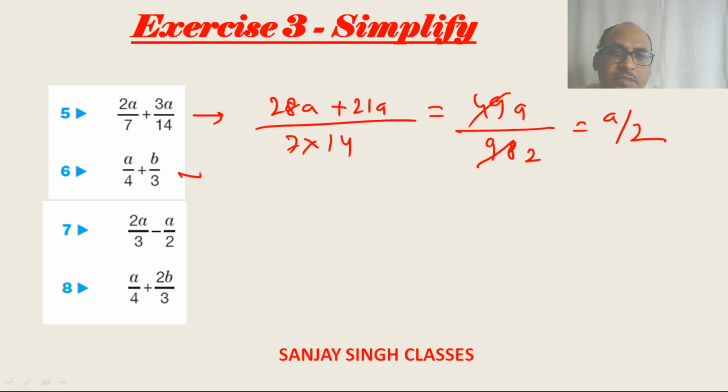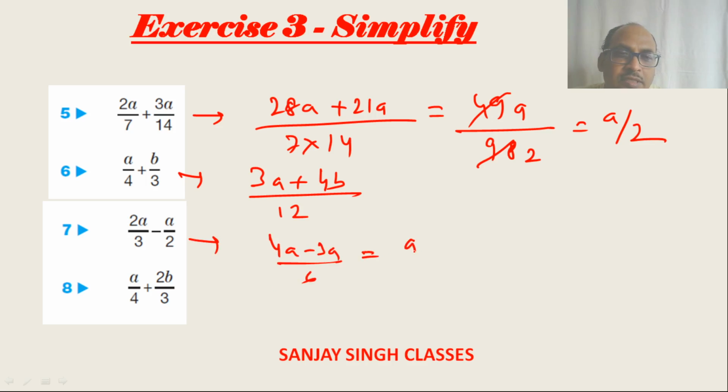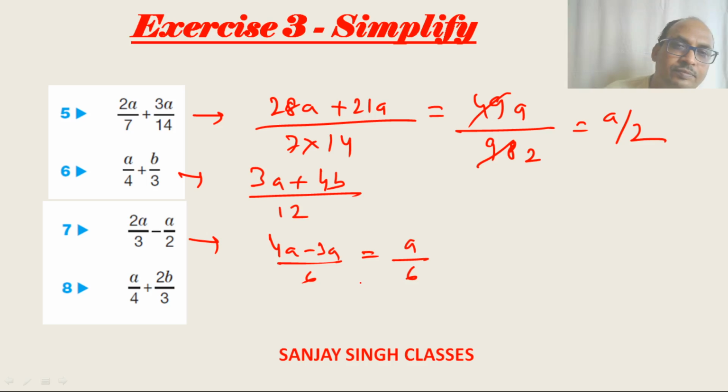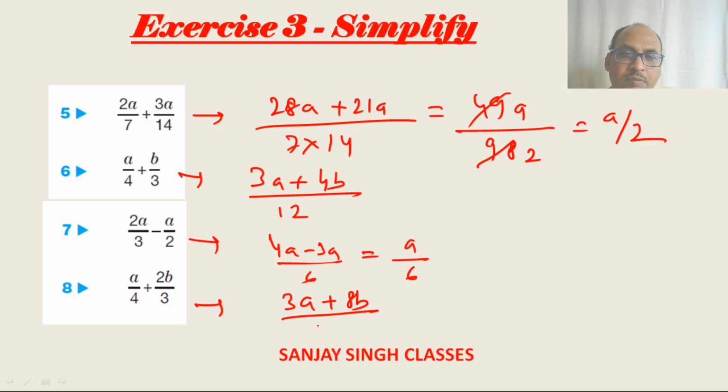Okay, here 3a plus 4b by 12, so no change, it will be as it is. Here 4a minus 3a by 6, so it is a by 6. Right? This one, 3a plus 8b divided by 12, will be as it is.